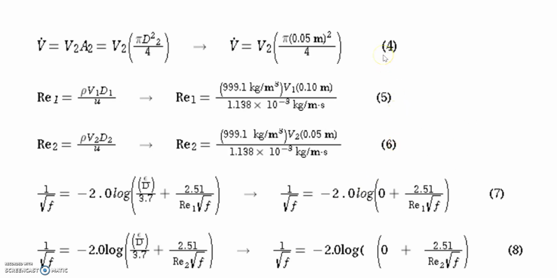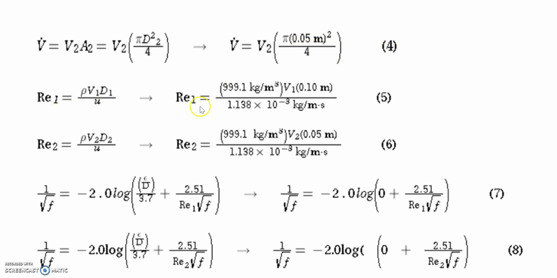Similarly, we could write a number of equations for our system. Equation 4 could be the volumetric flow rate, which is V2, the velocity at point 2 or the exit velocity, times the exit area, which is basically V2A2 or V2 into this. Let this be equation 4.